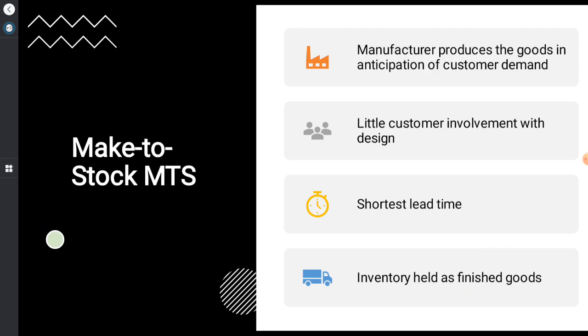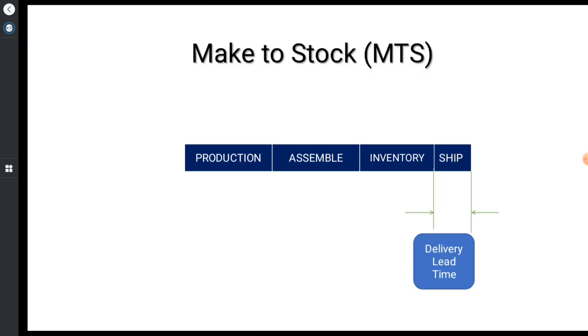And here companies have inventory held as finished goods. So they finish the production and have inventory in the form of finished goods. This means that this strategy has the shortest lead time, because the lead time includes only shipment. Compared to the previous strategies, it is the shortest lead time among all of them.